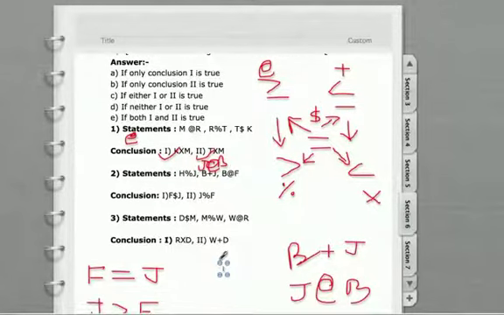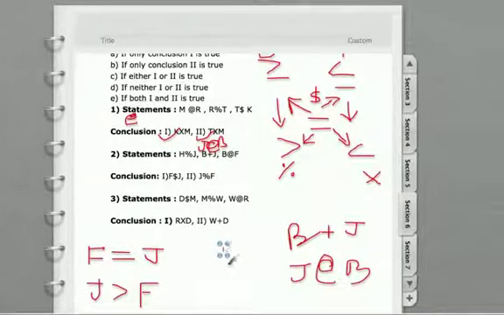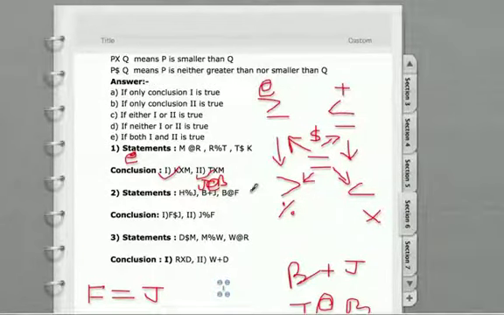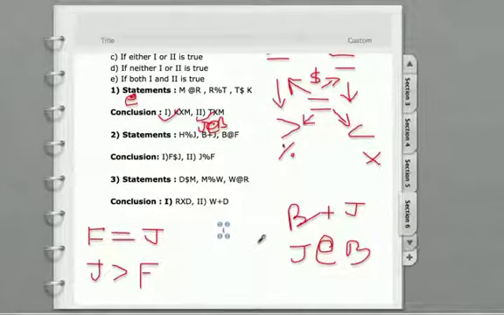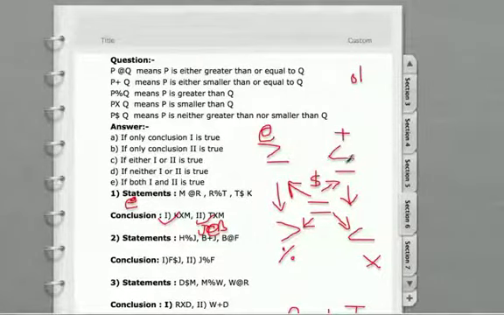So what is the answer? If we take this, F to J, what we get? Plus. Plus means smaller than or equal to.